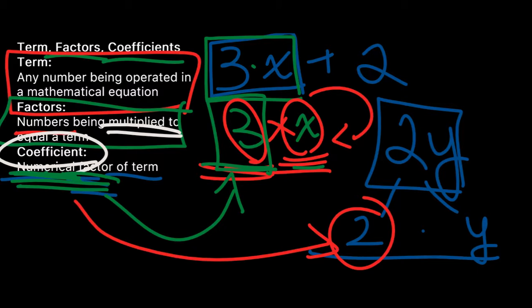So this is kind of a broad topic, and we've learned about the different terminologies of a term. And now we can actually classify any expression into terms, factors, and coefficients, right? We can start off with our expression.